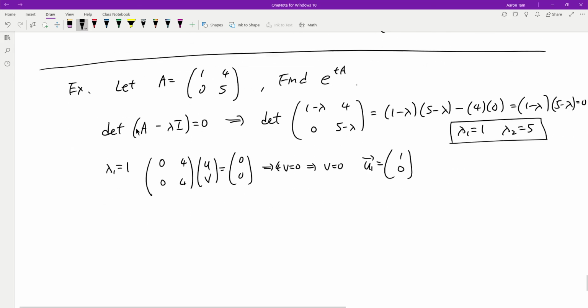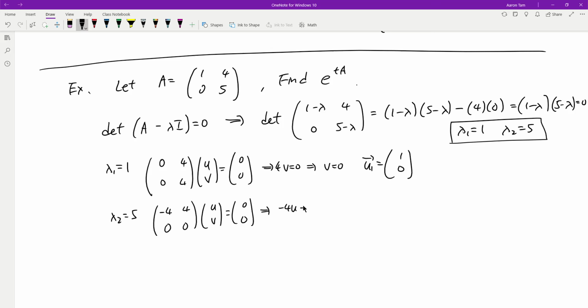So I'm just going to say u is 1. And lambda 2 equal to 5. So I have 1 minus 5, which is negative 4, 4, and then 0, 5 minus 5 is 0. That results in negative 4u plus 4v equal to 0. So I'm going to say vector u2 would be equal to (1, 1), or (2, 2), or (3, 3), or (pi, pi), or whatever. But I would just say (1, 1), which is easy.